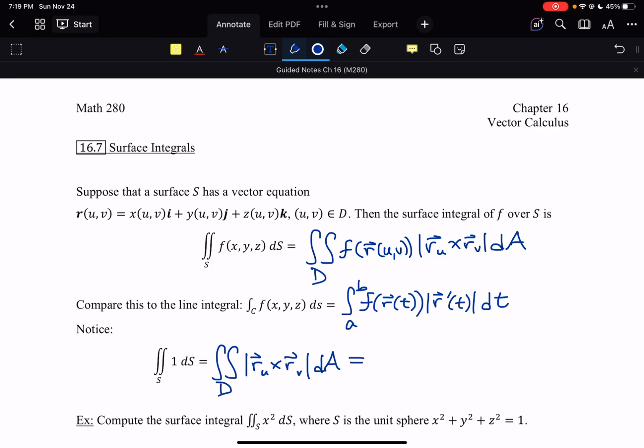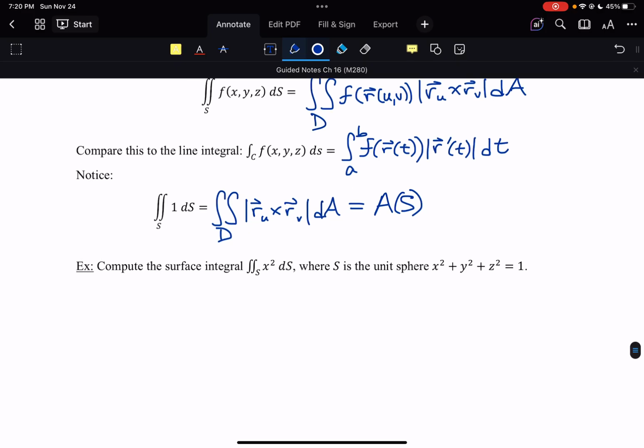And that, which is something we talked about in the previous section, is the area of the surface S. So that is surface area. If the function in the integrand that we're integrating is 1, then this surface integral gives us surface area.